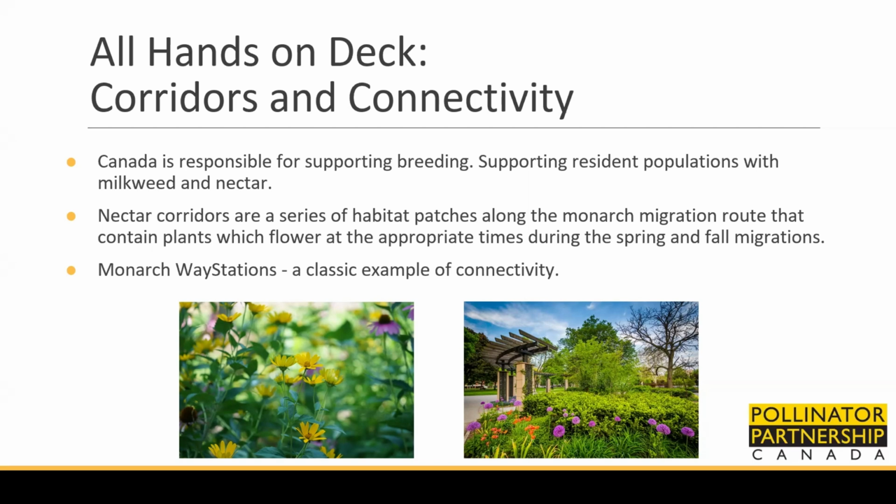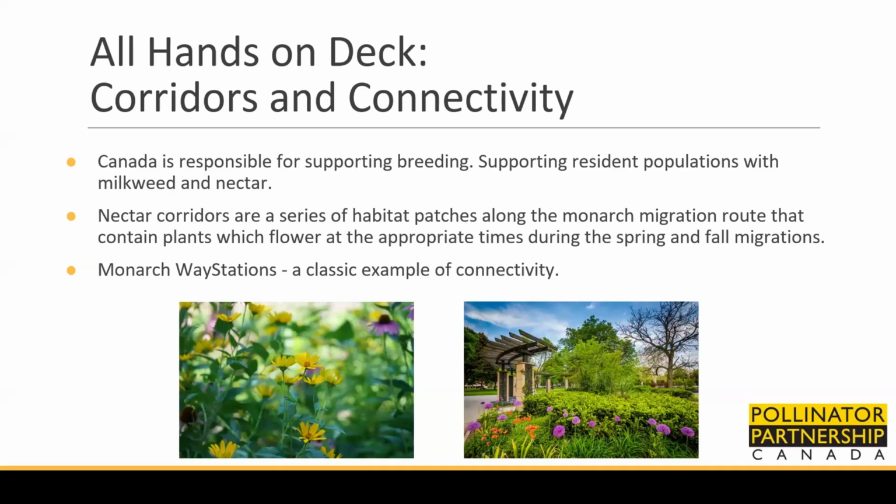Butterflies are small and mighty, but they are small, and they have limitations as to how far they can travel each day and along their migratory route. Having these islands of nectar sources is particularly important within large areas of urban and agricultural development. The patches or corridors of nectar allow monarchs to follow stepping stones across a stream to complete their migration.